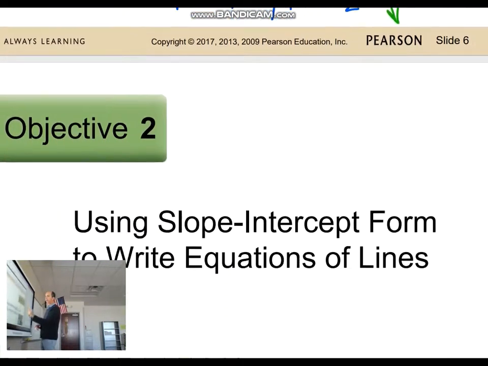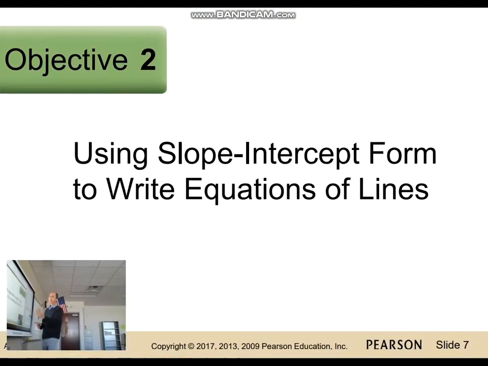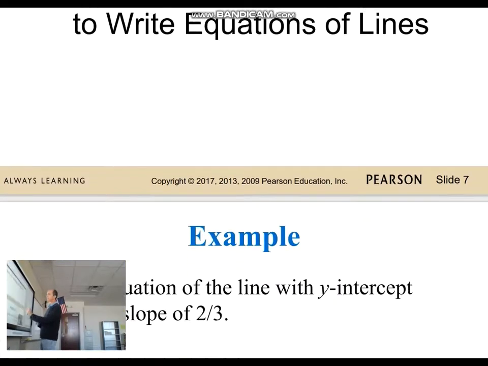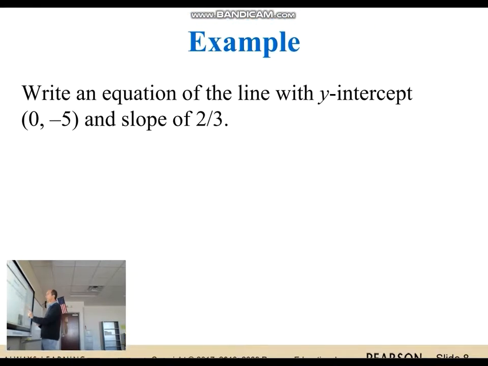Next objective, using slope-intercept form to write equations of lines. And again, straight to an example. We'll write an equation of the line with y-intercept at x equals 0, y equals negative 5, and slope of 2/3. Well, if slope is 2/3, that means m is 2/3.